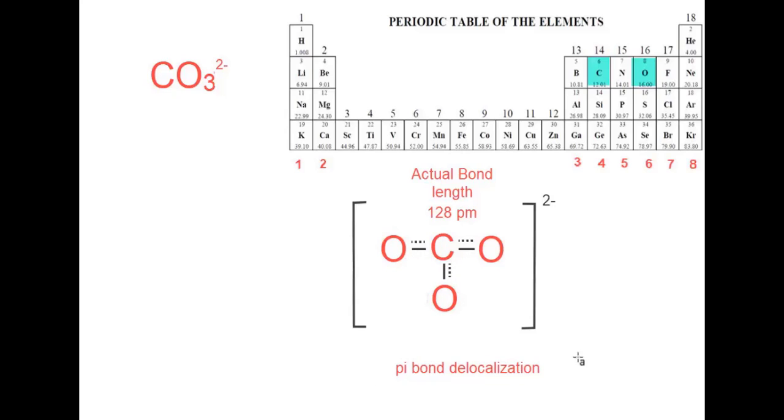In fact, these delocalized bonds are responsible for some of the most brilliant colors you'll see in chemistry, and we'll deal with that later on. But the actual bond length is 122 picometers. Remember, the single bond length was a big 143. A double bond was supposed to be 122, but the actual experimental is 128, and they're all identical. There is not one location that is favored over all the rest.